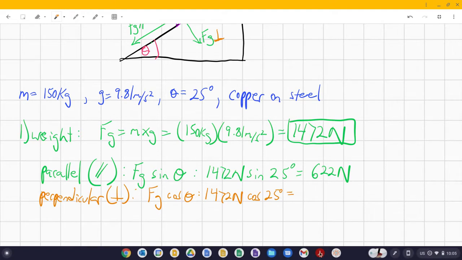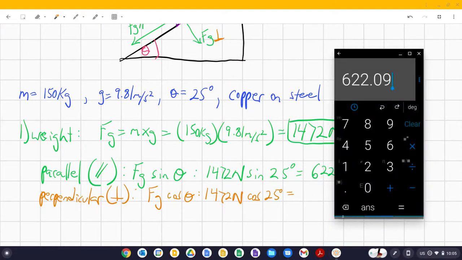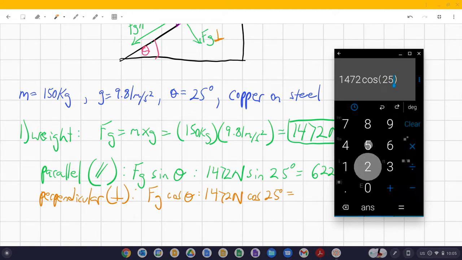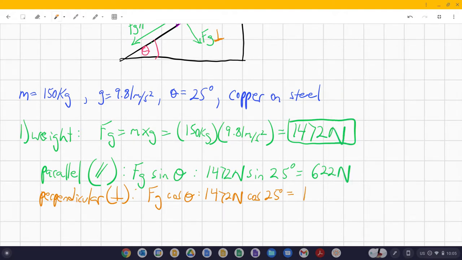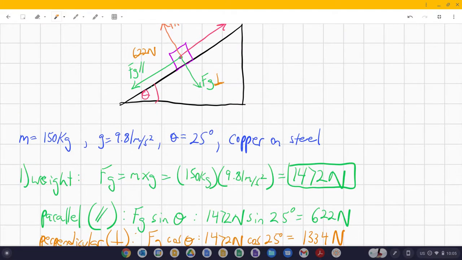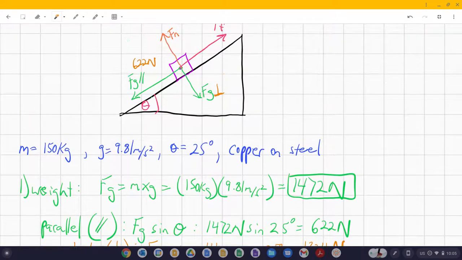All right, let's do that. 1472 cosine of 25. 1,334 newtons of force. Okay, and now I can label that. This is 1334.